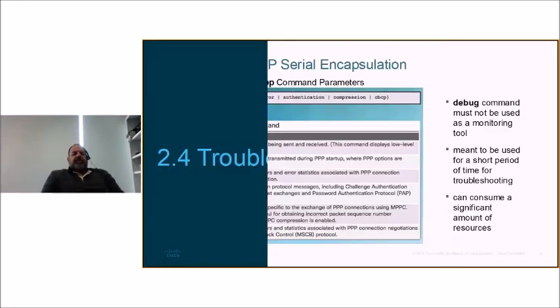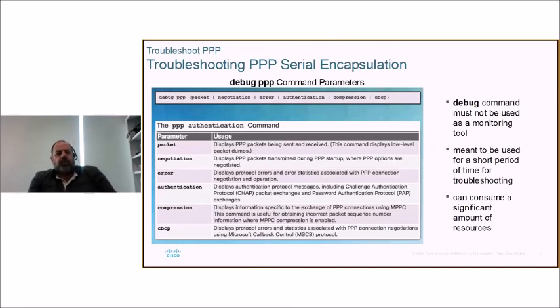Okay, so how do we troubleshoot WAN connectivity? You can debug PPP and a whole pile of things. Basically debug PPP packet, negotiation, errors, authentication, compression, or CBCP. Packet is every time there's a packet sent or received.